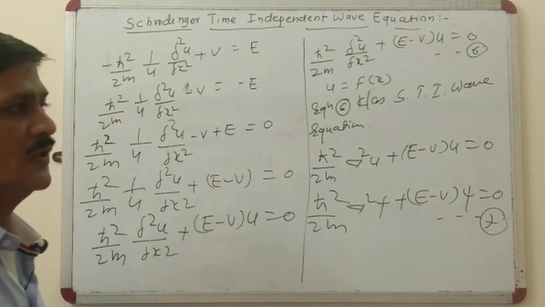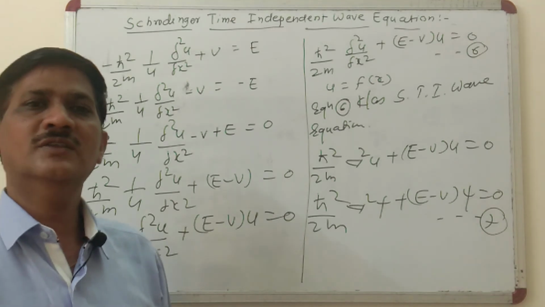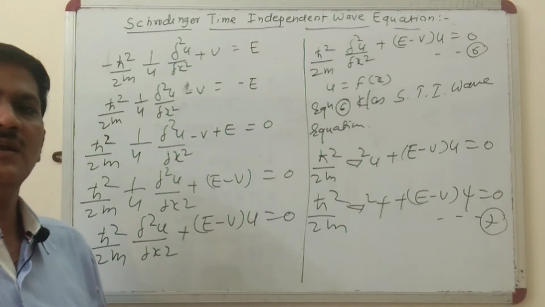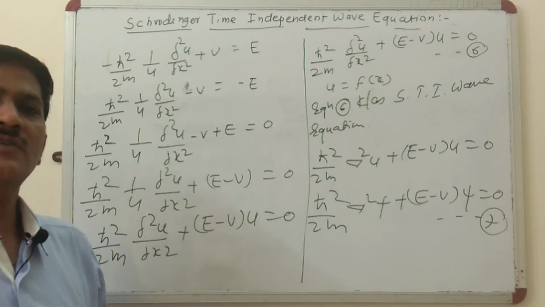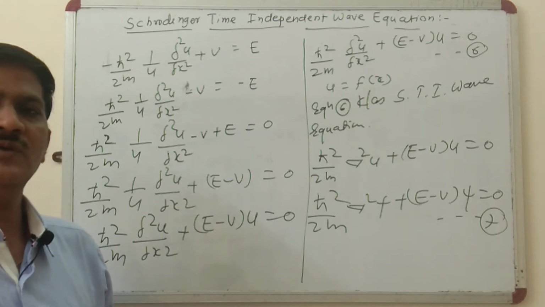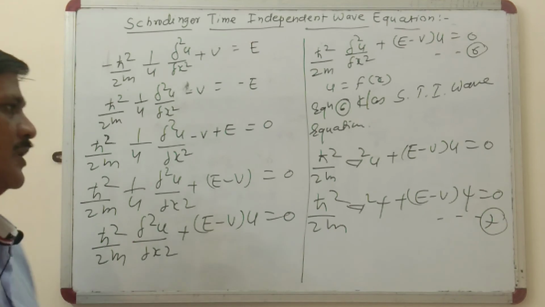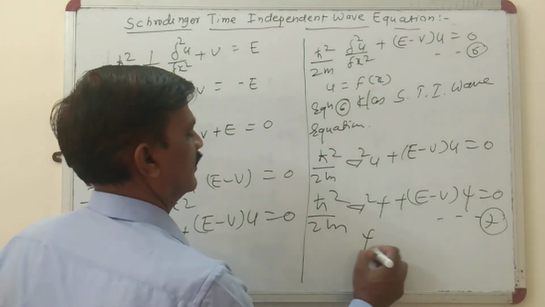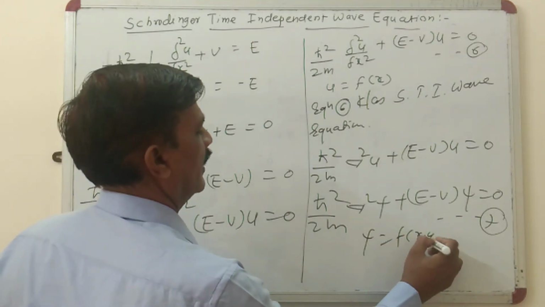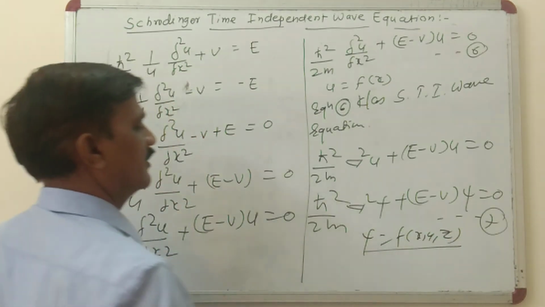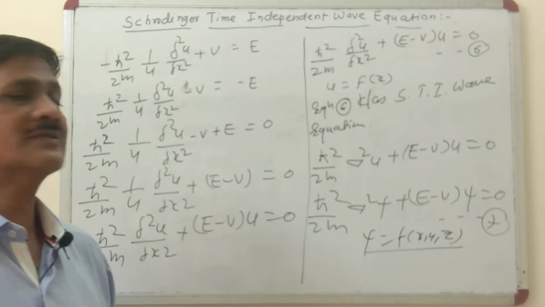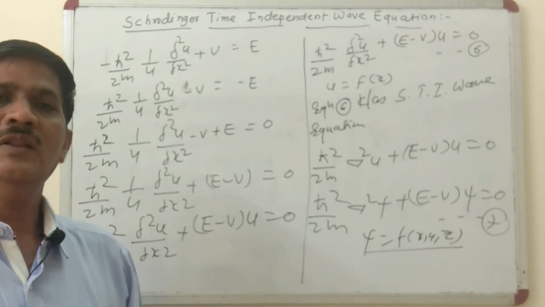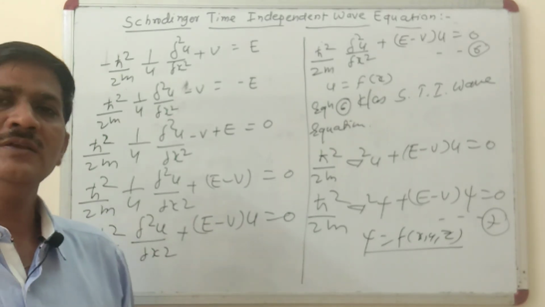Here observe, equation 6 is the Schrodinger time independent wave equation for one dimension. Equation 7 is the Schrodinger time independent wave equation for three dimensions, because here ψ is a function of the space coordinates x, y, z. In this case, ψ is a function of only x. And today we stop here.